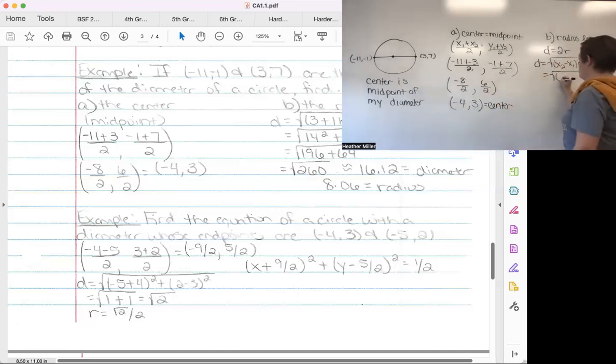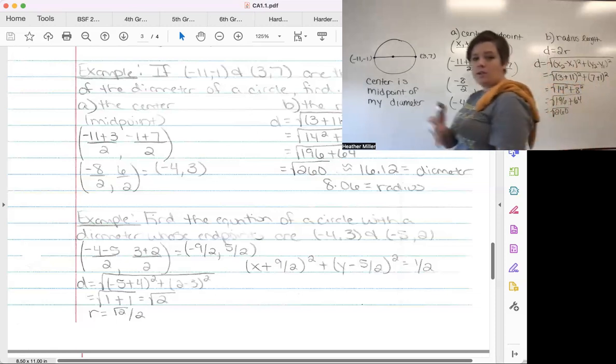So my x2 would be 3 minus my x1, which was -11, which becomes positive, plus my y2 would be 7 minus, again, my y1 is a negative, so that becomes a positive. So in here I have 3 plus 11 is 14 squared plus 7 plus 1 is 8 squared. 14 squared is 196 plus 8 times 8 is 64. So I get the square root of 260.